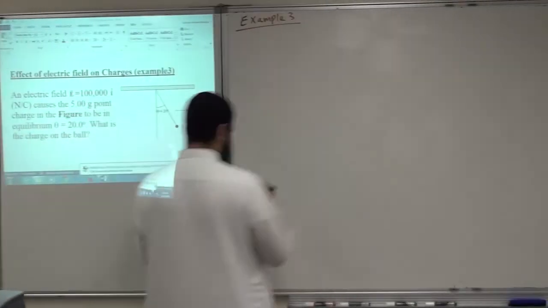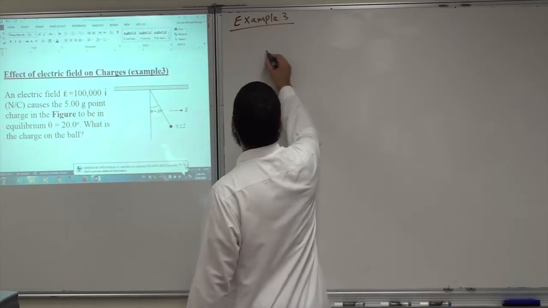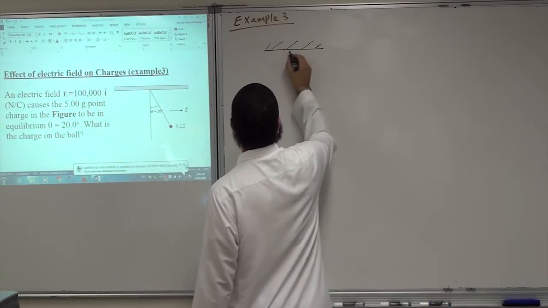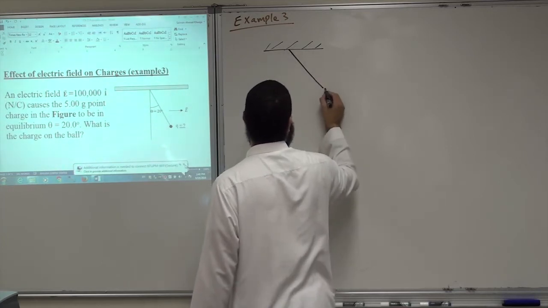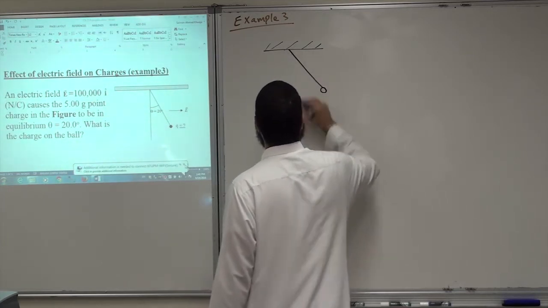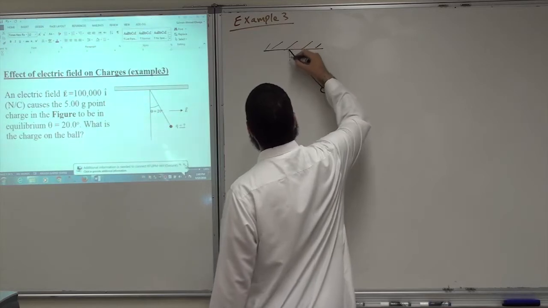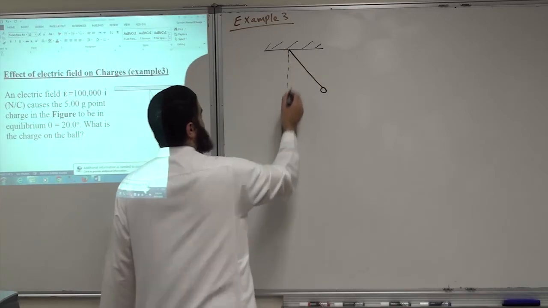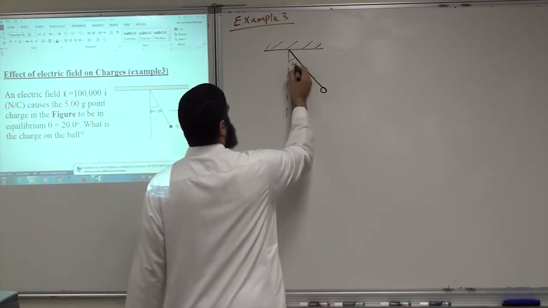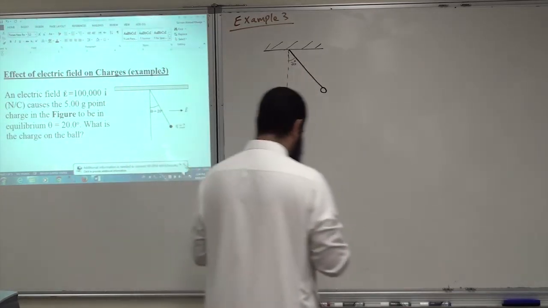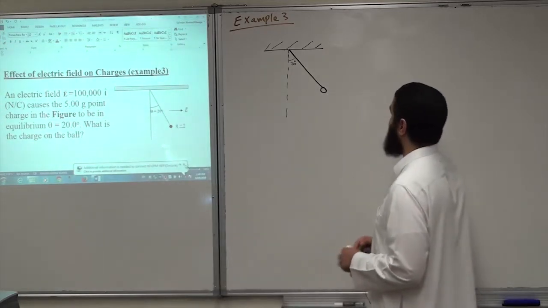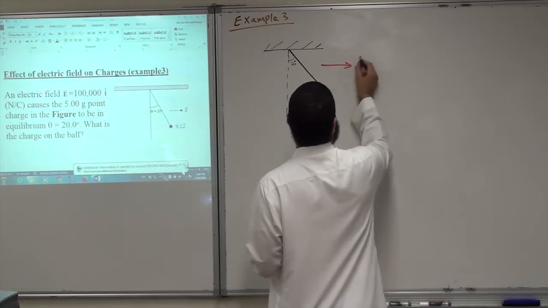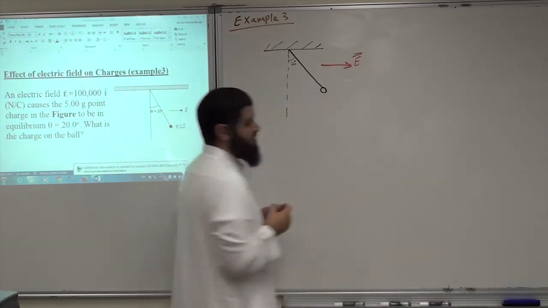Okay, so let me redraw the situation. So this is the ceiling, and here we have a string, and this is our charged particle, and the angle between the string and the vertical is equal to 20 degrees. Okay, this is the electric field, and we would like to draw the free body diagram.